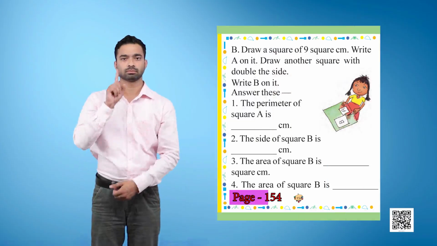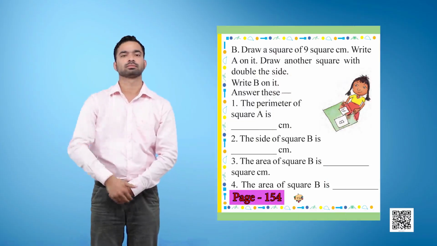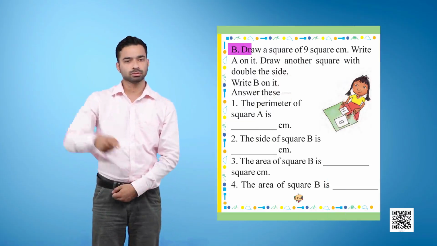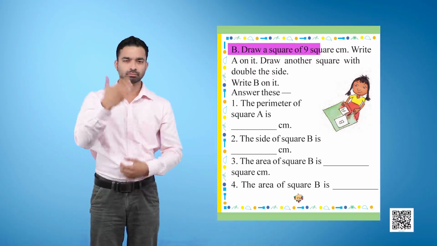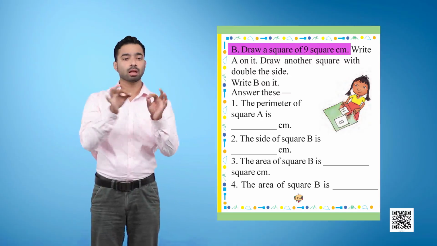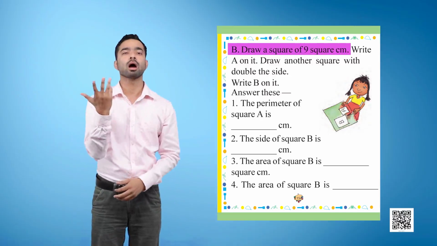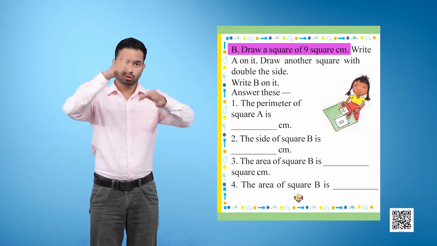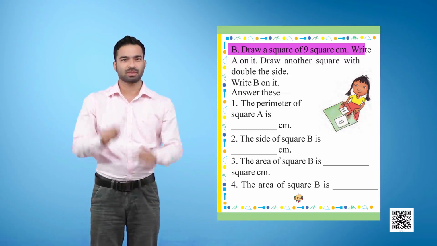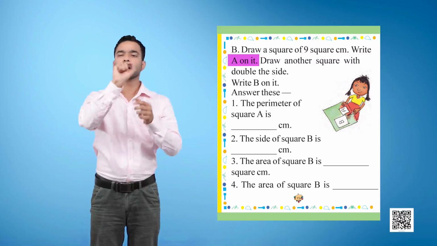Page 154. B. Draw a square of 9 square centimeters. Write A on it.